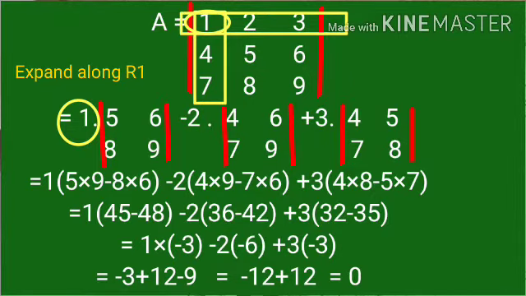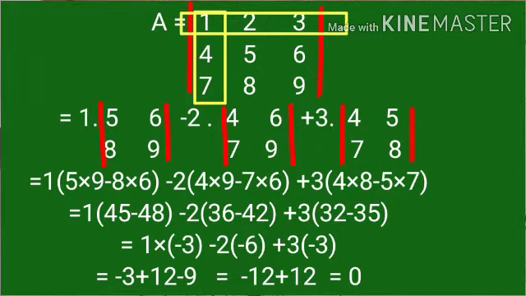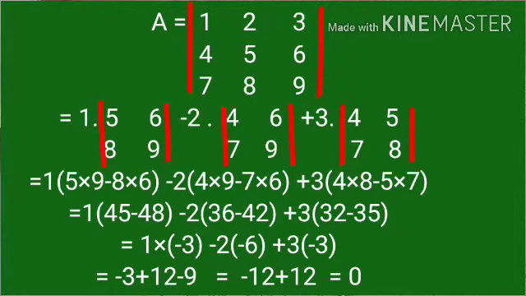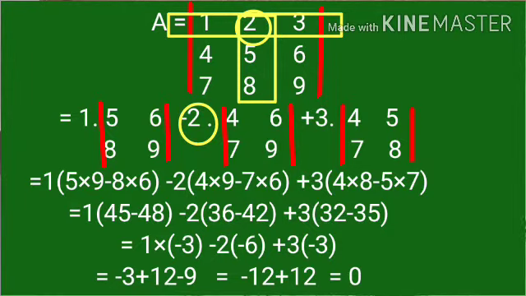Since 1 lives in the first row and first column, the first row and first column are deleted, so we have only this 2 by 2 determinant remaining: 5, 6, 8, and 9.